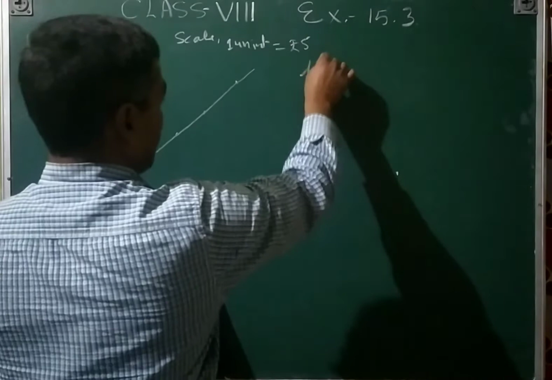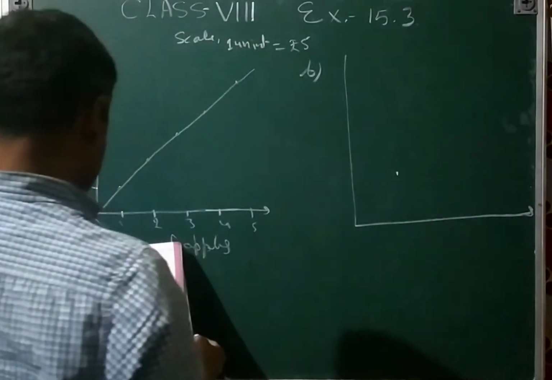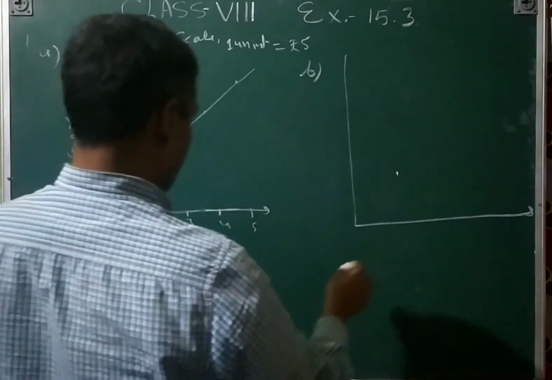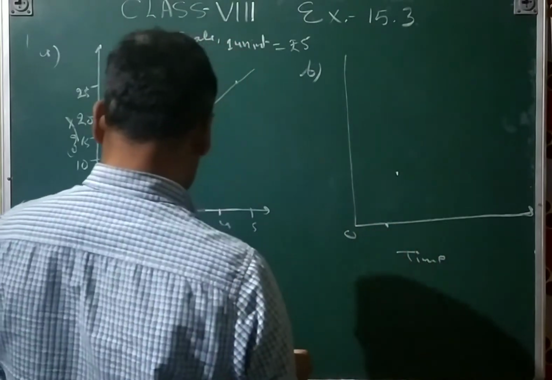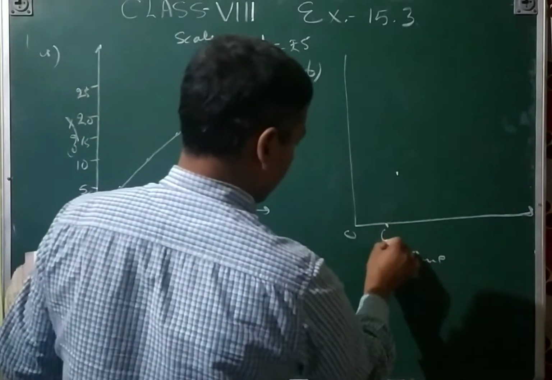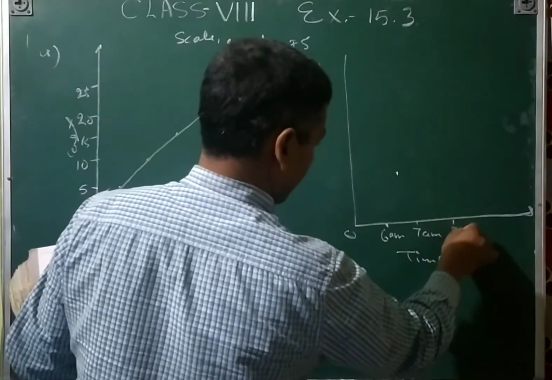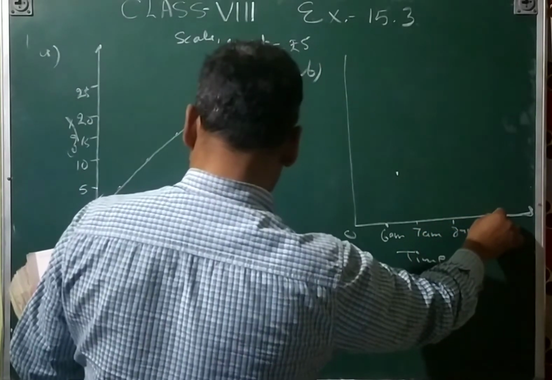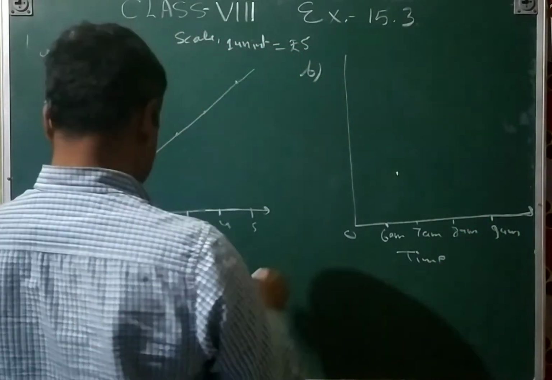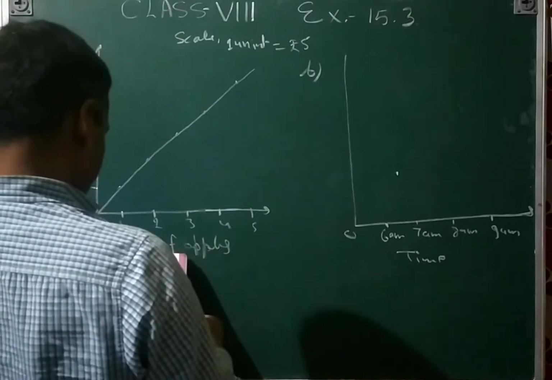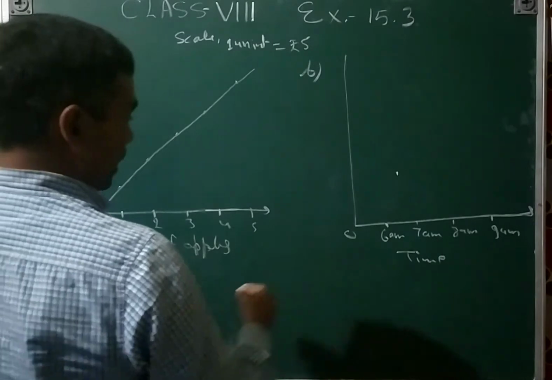And then second one is distance traveled by a car. B part is also the same. You will draw. That is time, sorry. That is 0, 6 a.m., 7 a.m., 8 a.m., 9 a.m. And then here we will write the table of 20.